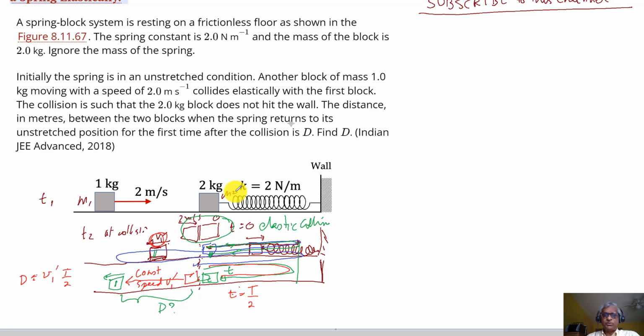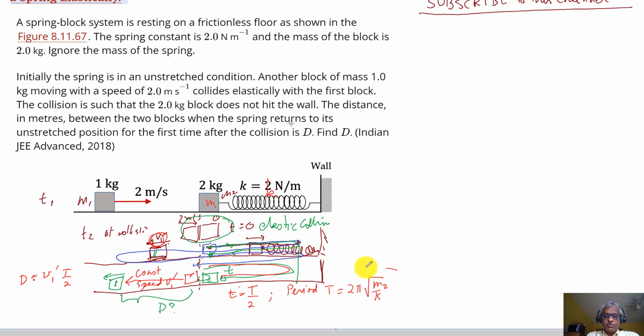How do I know the half period? You need to know from someplace else, or maybe from your studies of spring motion. If I have a K and M, then the period T is 2 pi square root of M over K, and this is M2 right now.